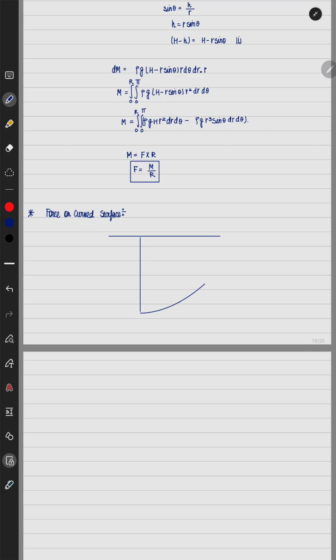This is the surface, which is kept in some kind of liquid. This is the liquid, and suppose I draw a control volume, something like this.